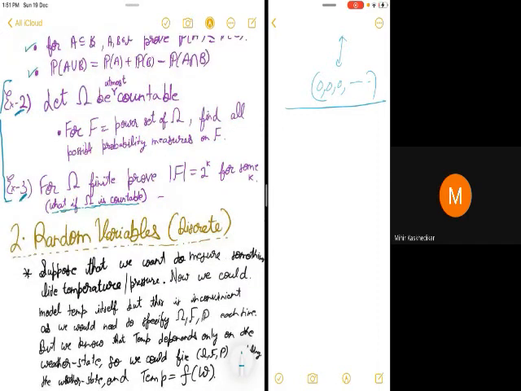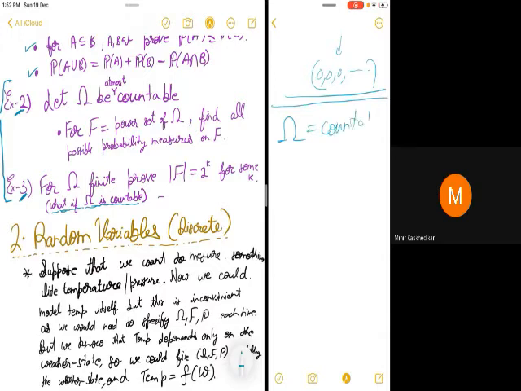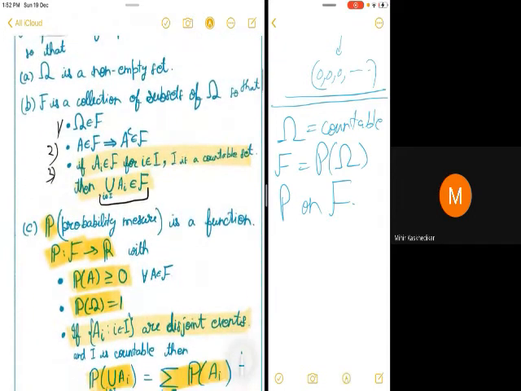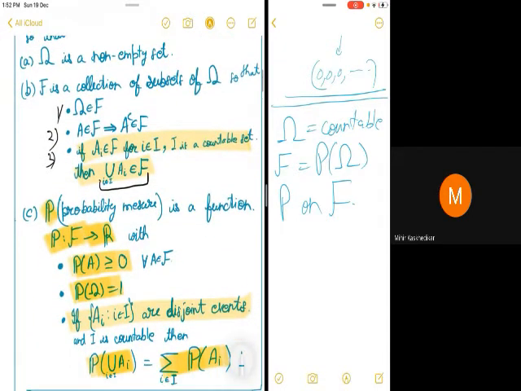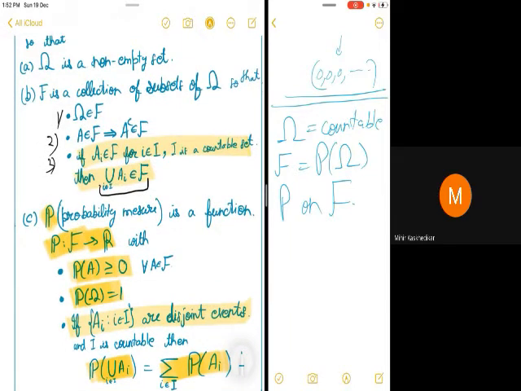So let's try exercise 2 first. Say omega is countable, and you are given that F is the power set of omega. Then we want to find all possible probability measures P on F. Keep in mind this definition, these three properties, and try this for a bit.